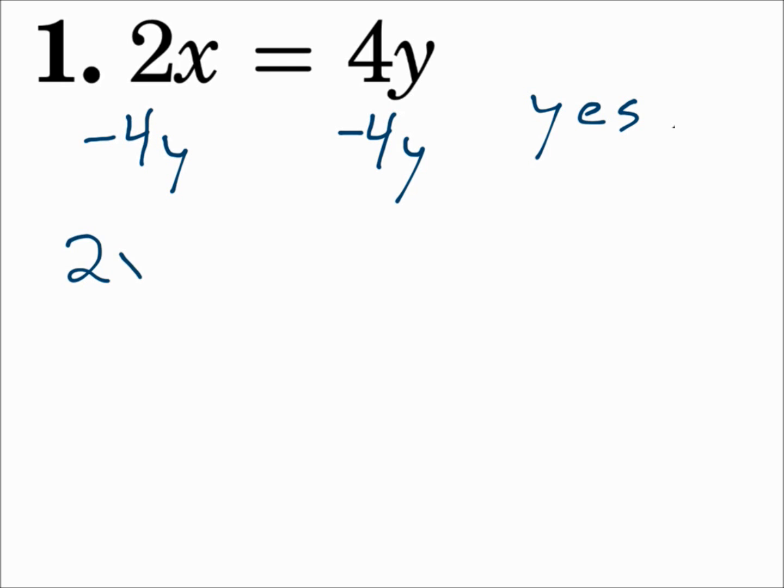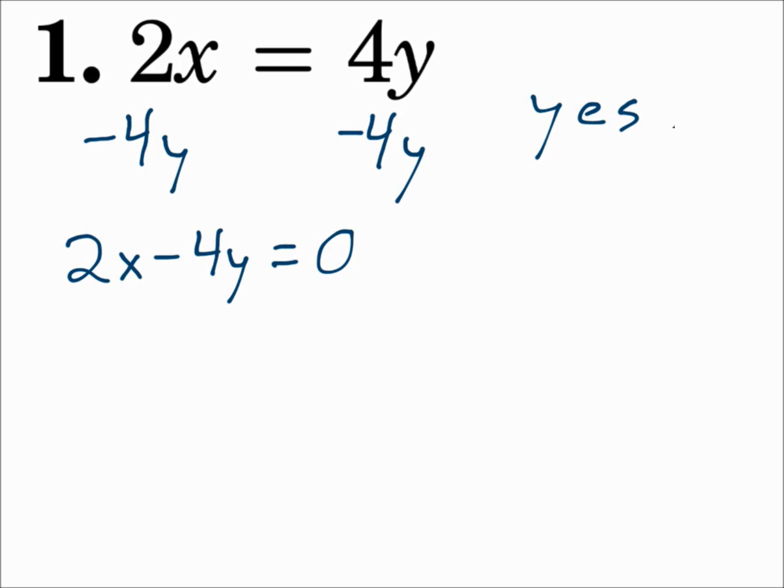That gives you 2x minus 4y on the left, and on the right, 4y minus 4y is 0. So everything's in order now. A is positive, it's a 2. A is 2 and B is negative 4, so they're not both 0, but I do see a common factor. 2, negative 4, and 0 are divisible by 2.